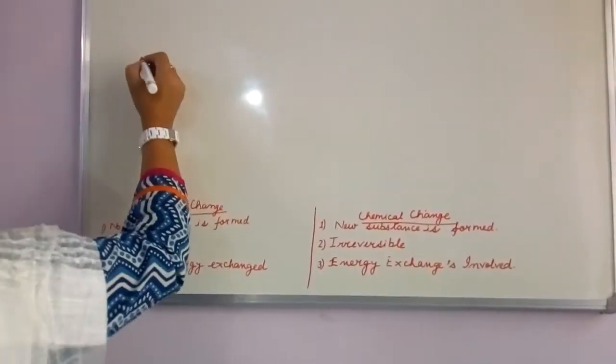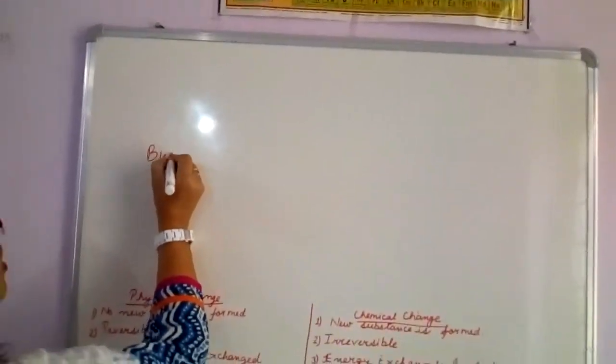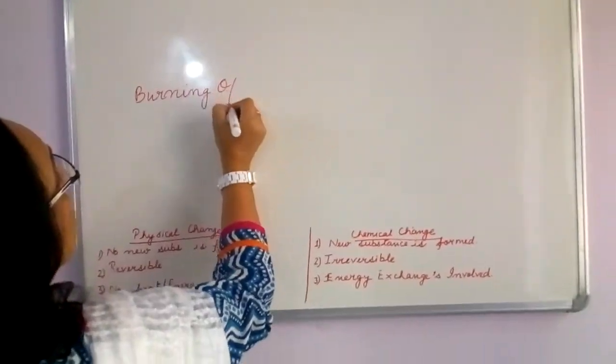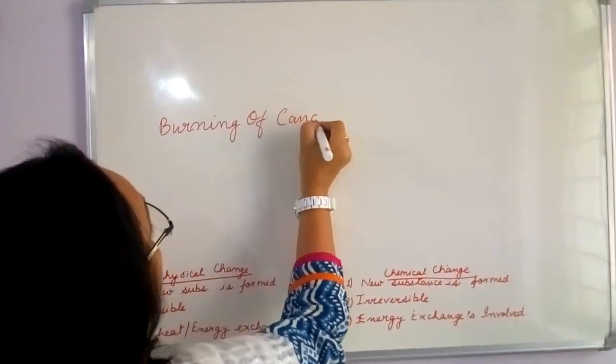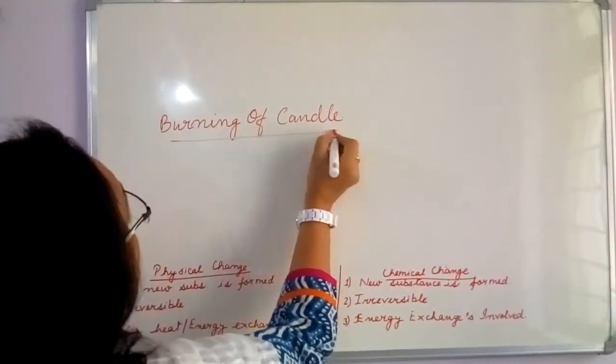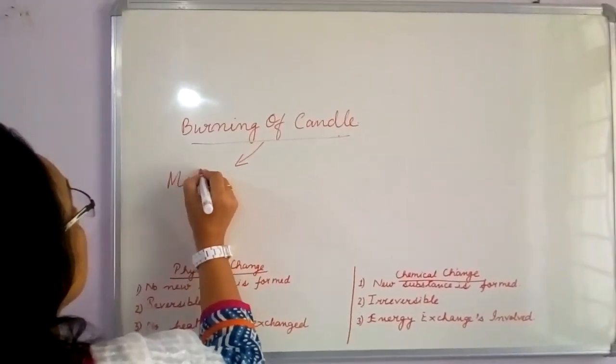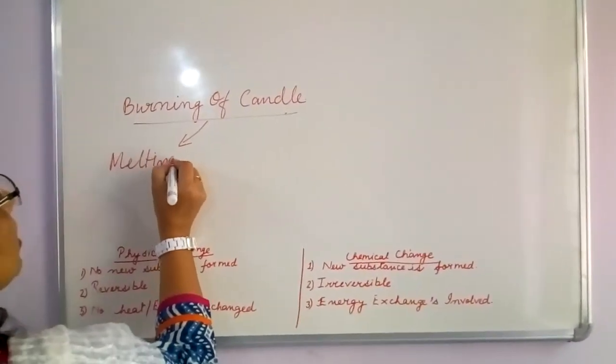Second, suppose I say burning of candle. Burning of a candle is both a physical and chemical change. Why? Whenever we burn a candle, the wax is melting.